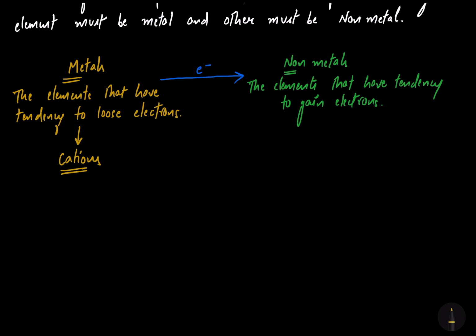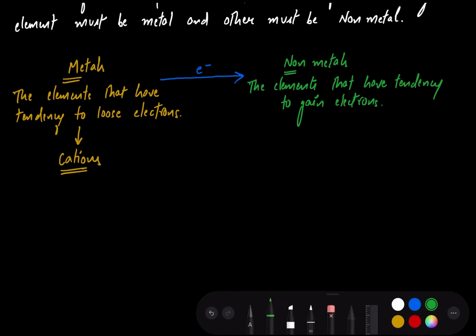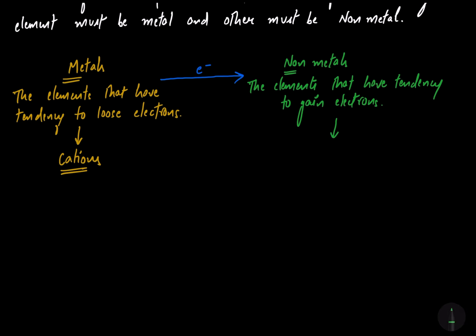That is, cations are always formed by the metals. And on the other hand, the elements that have tendency to gain electrons become anions after gaining electrons. So anions are always formed by the non-metals.